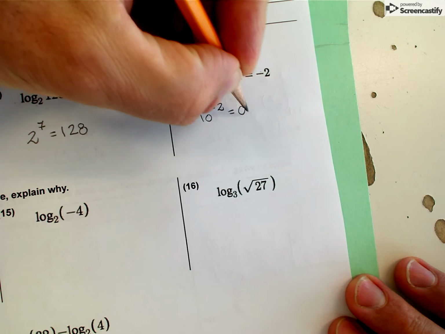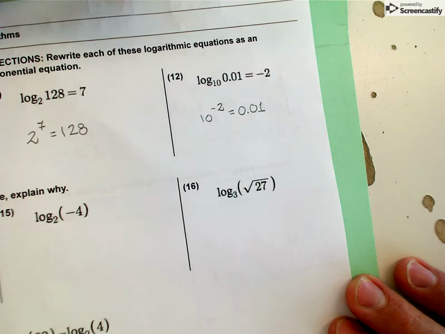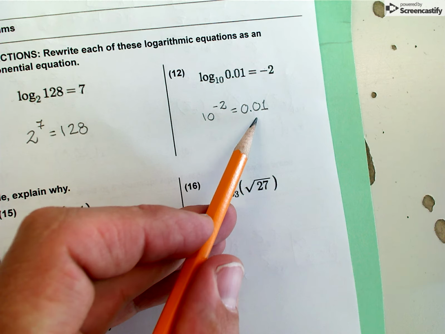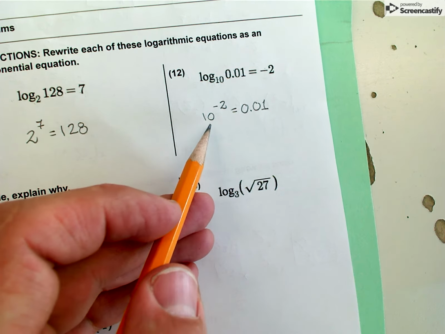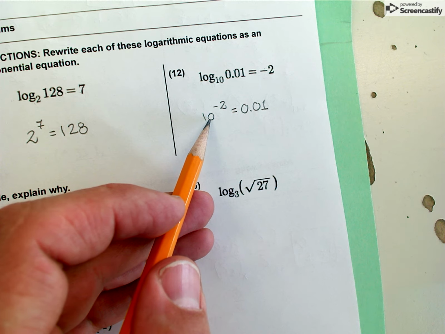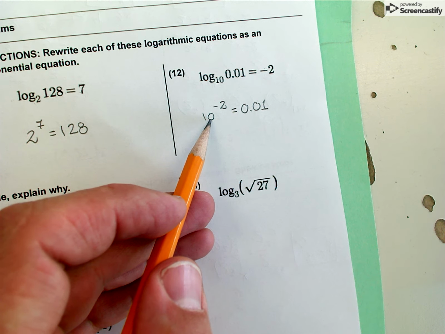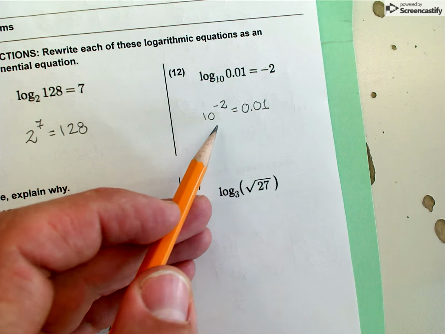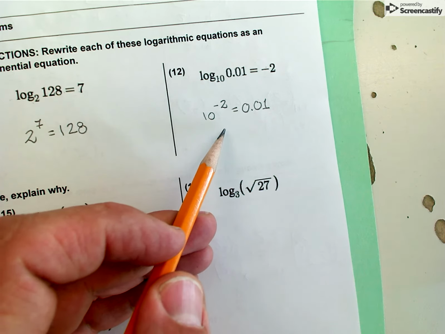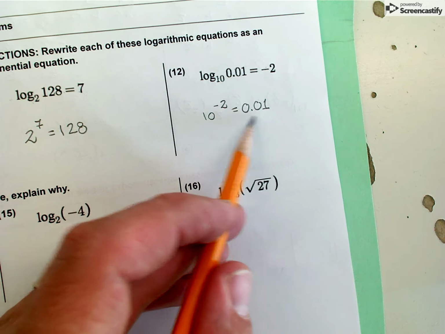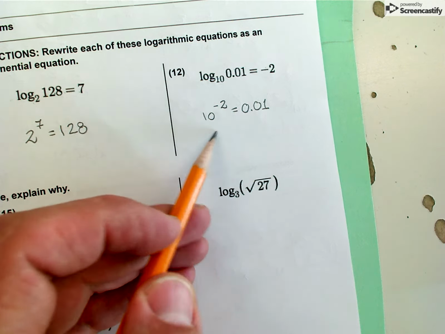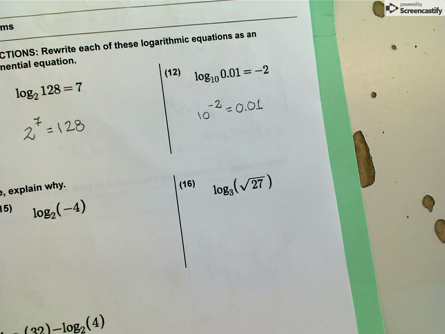This is 1/100th, and it makes sense. This is 1 divided by 10 squared, which is 100. So I hope you can see the relationship here now between the decimal version of 1/100th and this exponential version of 1/100th.